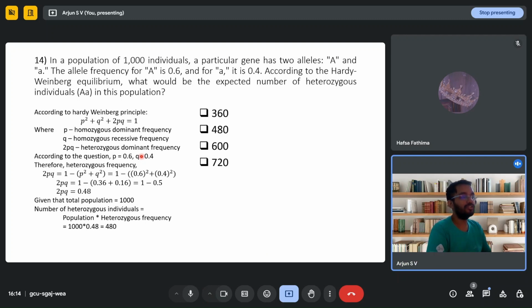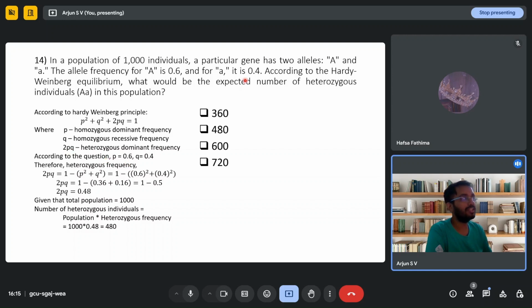So this is how you go on to solve the question for this Hardy-Weinberg equilibrium. I told you that the Hardy-Weinberg principle states that p square plus q square plus 2pq is equal to 1, where p square represents the homozygous dominant frequency, q square represents the homozygous recessive frequency, and 2pq represents the heterozygous frequency.